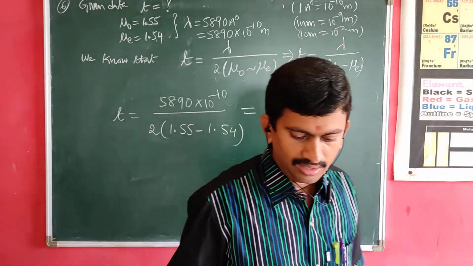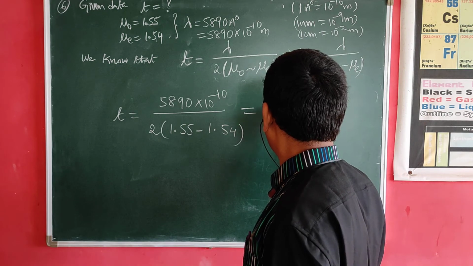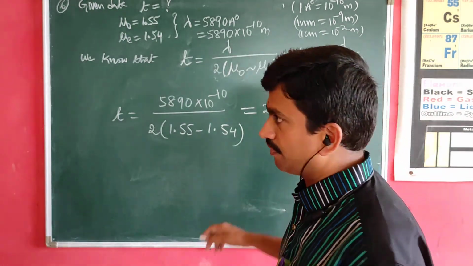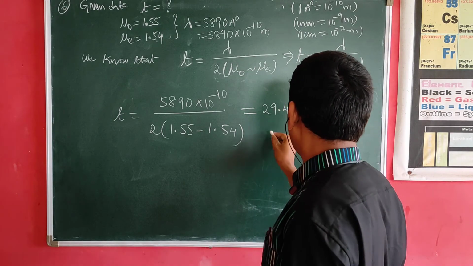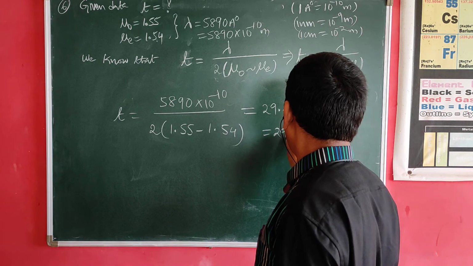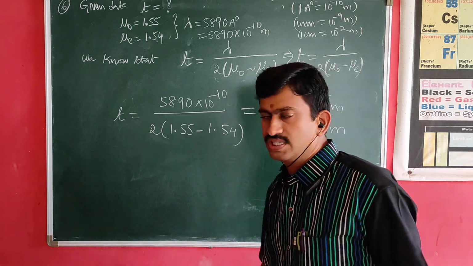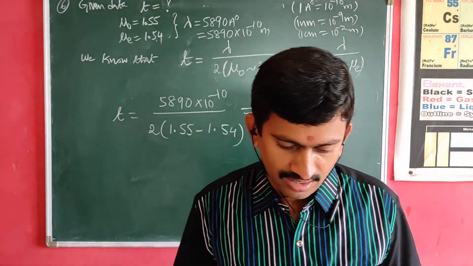The obtained answer is 29.45 into 10 power minus 6 meters, that is 29.45 micrometer. So this is the thickness of the crystal which acts as a half wave plate.